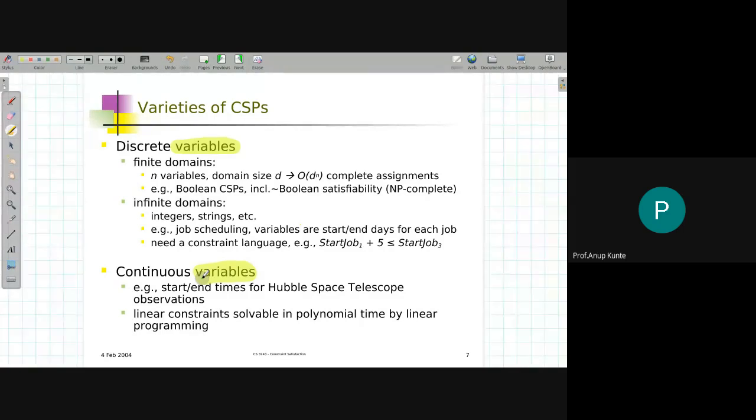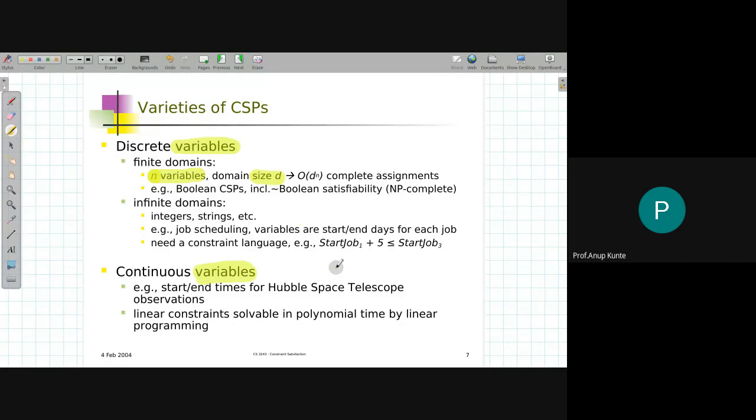So I may have variables in a CSP that have discrete domains. That means I may have n variables, and every variable has a certain domain size, that is d. Okay. So how many complete assignments can there be with an n-variable, domain-size-d CSP?